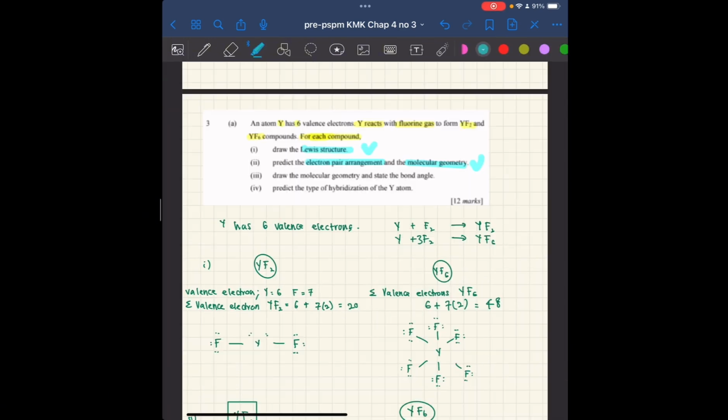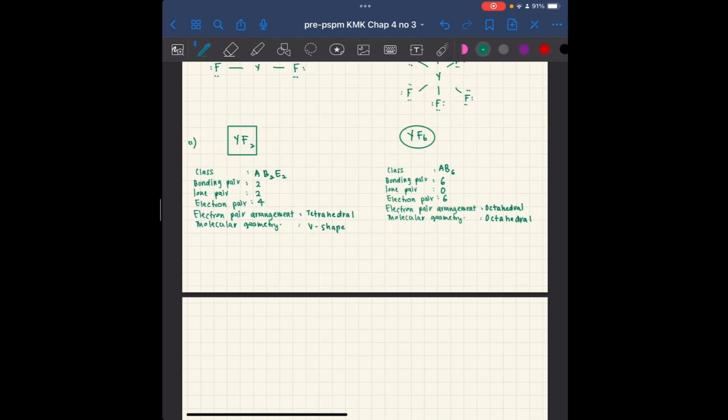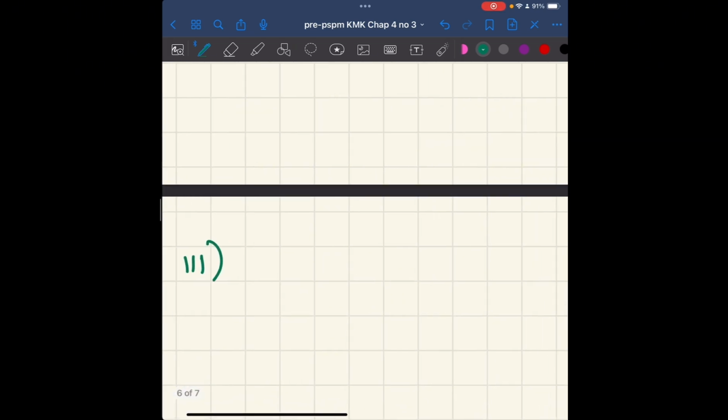So next, this one is 3 Roman. Draw the molecular geometry and state its bond angle. From the 2 Roman, we already know the molecular geometry of YF2 is V shape, and the molecular geometry for YF6 is octahedron. So for 3 Roman, you can just draw the molecular geometry.